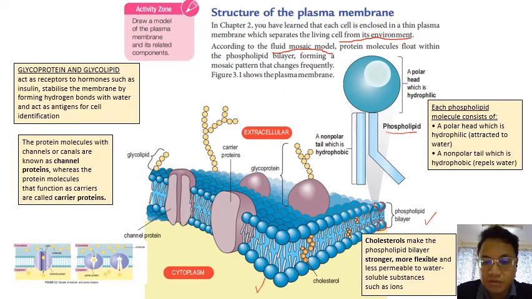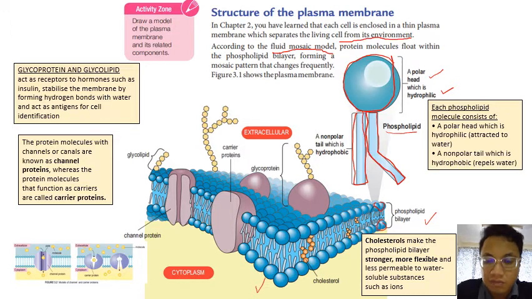Now if you zoom into one molecule of phospholipid, it consists of this round structure known as the polar head, which is hydrophilic or water loving, attracted to water. Hence the name hydrophilic. While they have a non-polar tail.